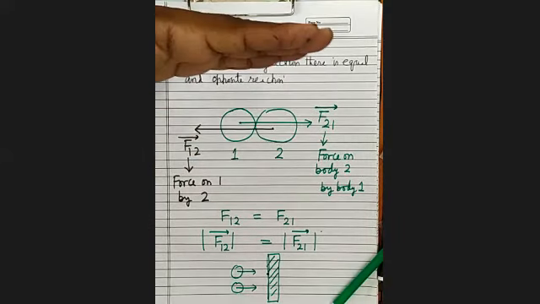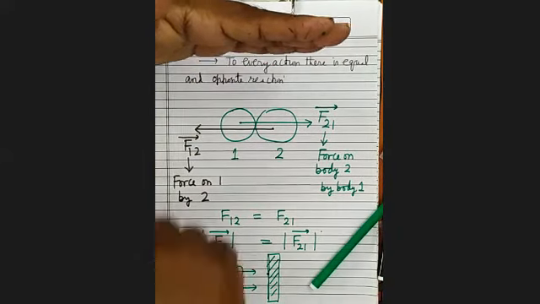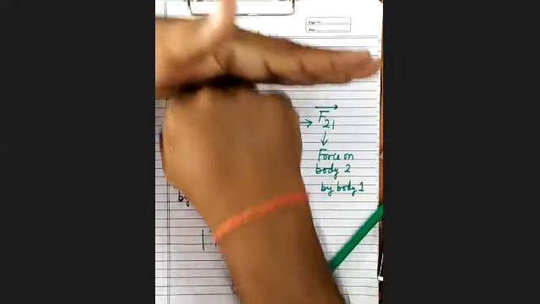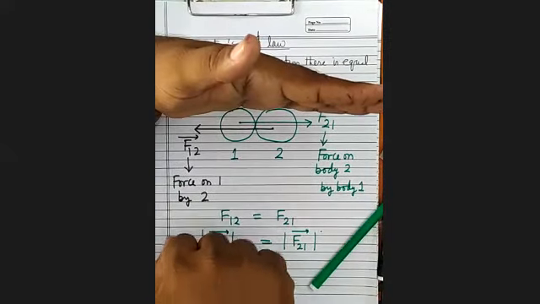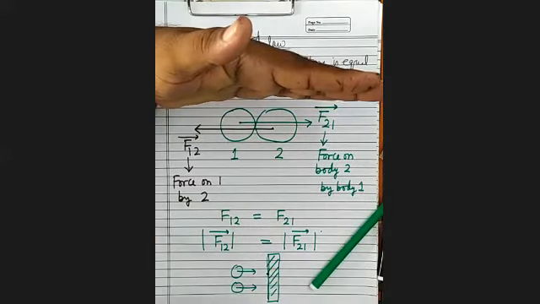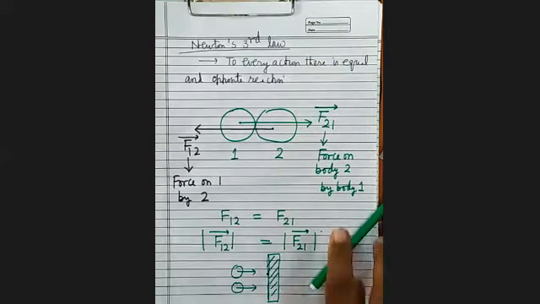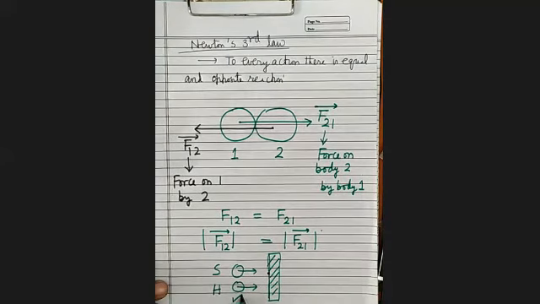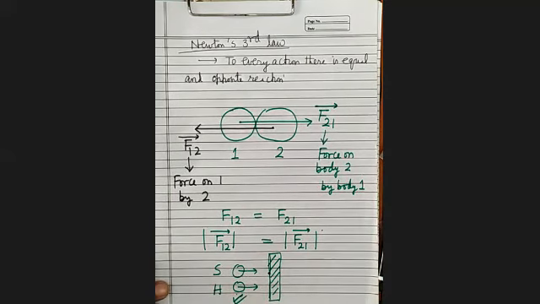Suppose this is the wall and I am hitting this way. Once you hit softly and then you hit hard. You will find that when you hit hard, you get hurt, you get injured, while when you hit softly, applying less force, you will not get any injury.